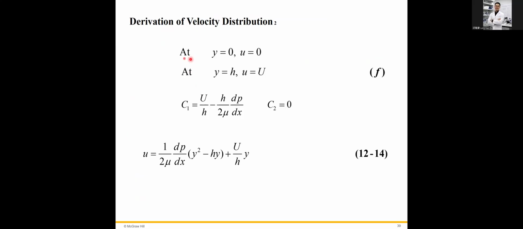Therefore, we have y equals 0, u equals 0, and y equals h, u equals the capital U, which is a constant velocity, right? So we get the constant C1 equals this term, and C2 equals 0.